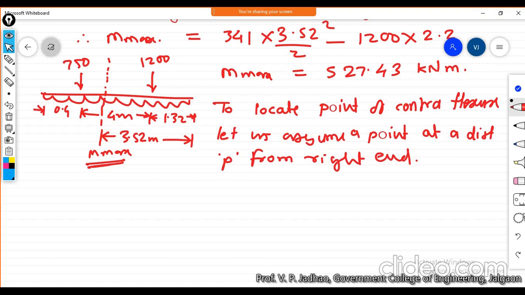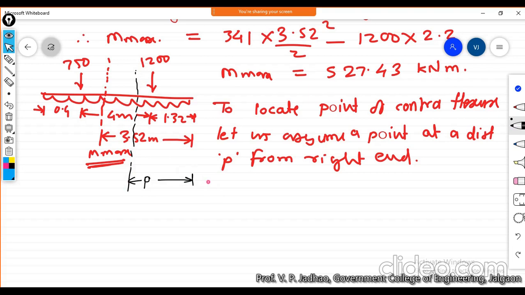So we are assuming some point P here. We don't know this particular distance, but the point of contraflexure will be there, acting at a distance small p from the right end.